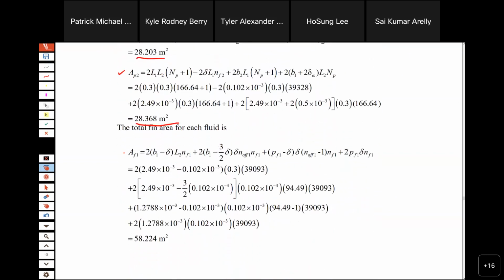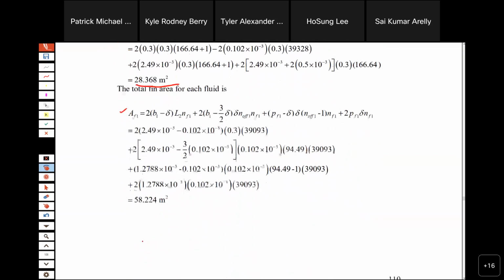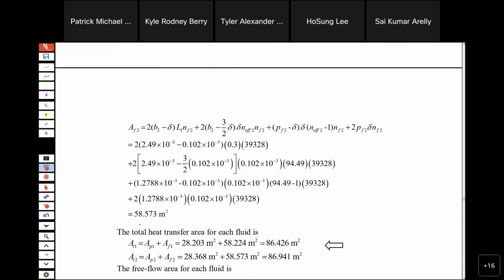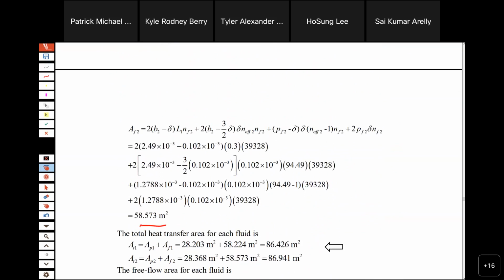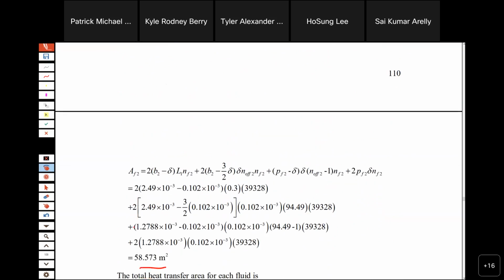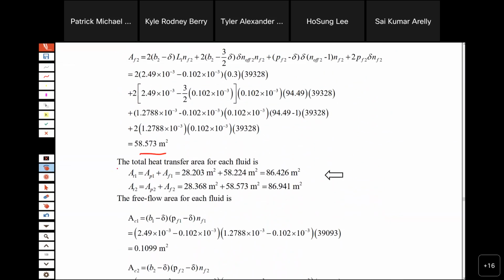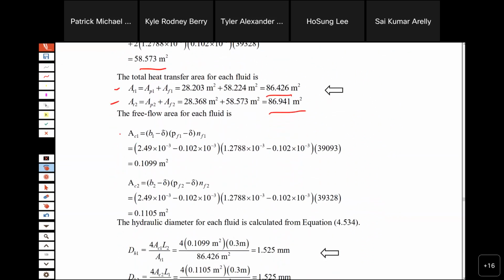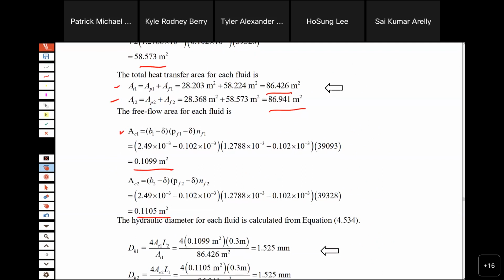And then fin area, almost the same. There's a slight difference because the number of paths is different, but anyhow, the same. And then total area, look at that, very close. And cross flow area is very close also.